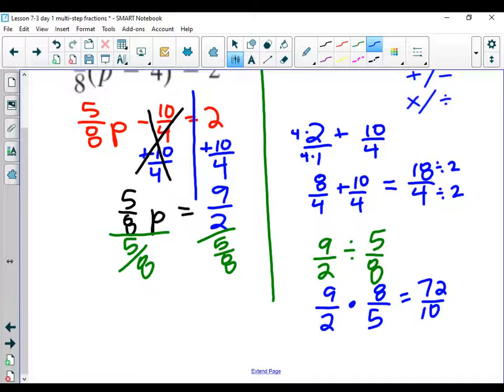How many 10s fit into 72? What's left? 2 10ths, which is also called 1/5. Who wants to ask for help?